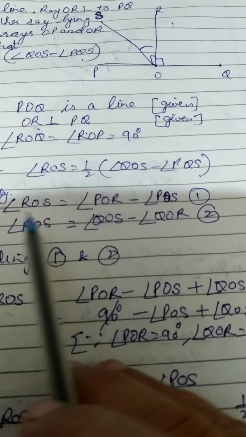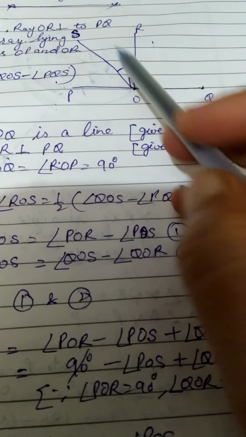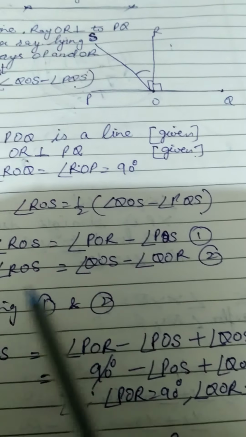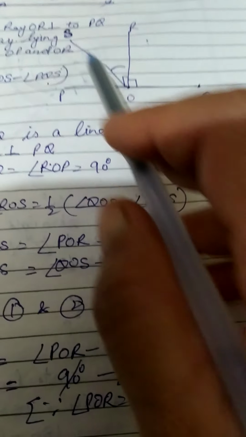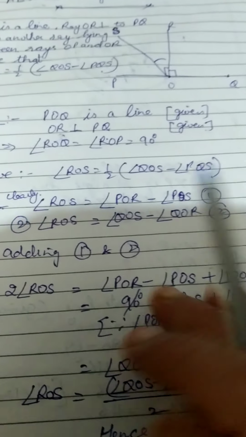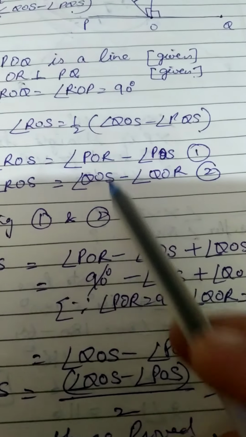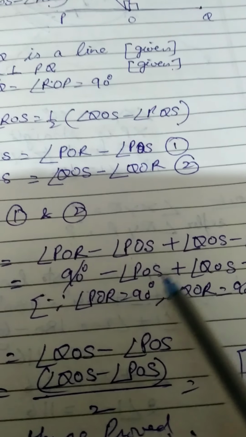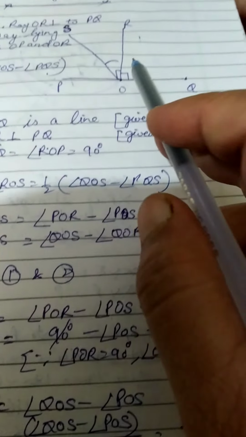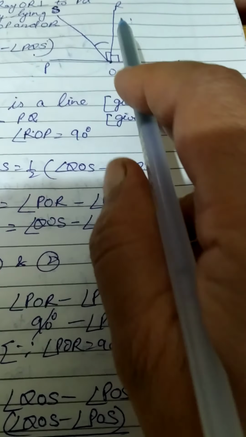Now we have got two equations. Angle ROS is equal to POR minus POS. And angle ROS is equal to angle QOS minus angle ROQ. Now we will add these two equations. We get 2 ROS is equal to POR minus POS plus QOS minus QOR. See, angle POR is 90, angle QOR is 90.